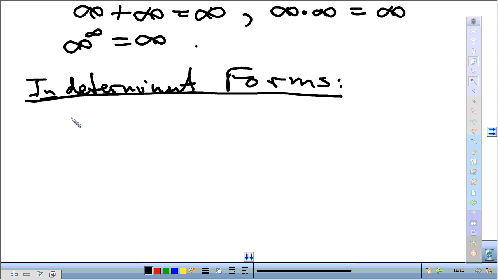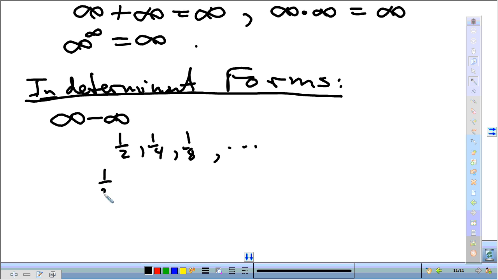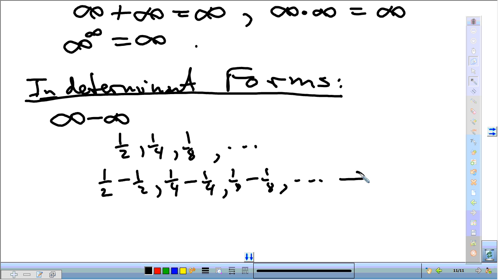Things like infinity minus infinity can't be determined to one particular value. That's because if I took 1/2, 1/4, 1/8, and then take that and subtracted it from itself, it looks like things should be 0.